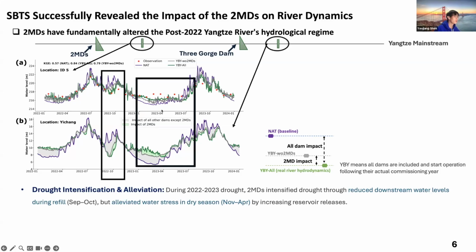And during the winter, they released water to the downstream, so they increased the water level. That's to say, somehow it elevated the water stress in the dry season.